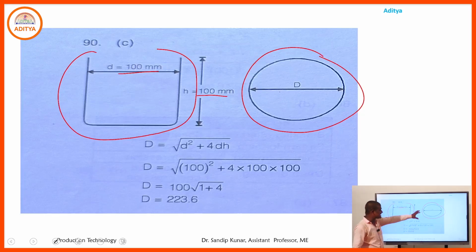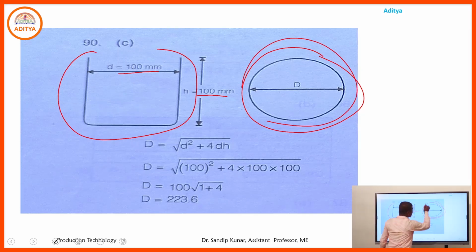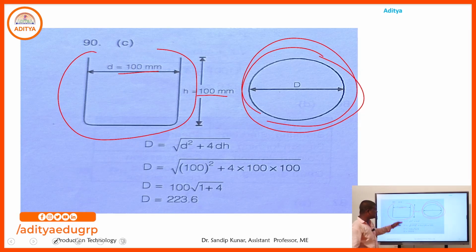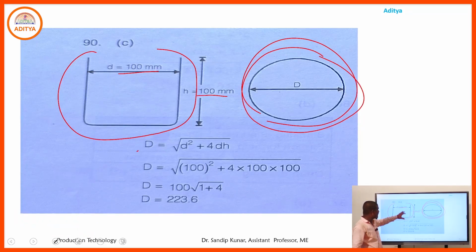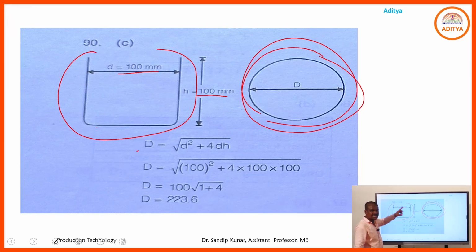So the area of the blank, if we consider the blank as circular, is pi D square by 4, equal to the area of the produced cup, which is the base area plus the cylindrical area.